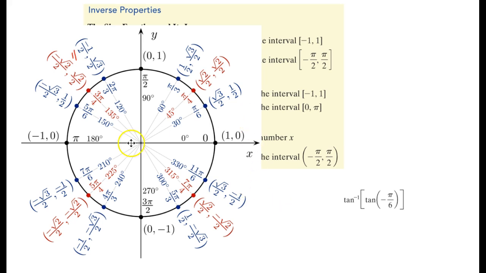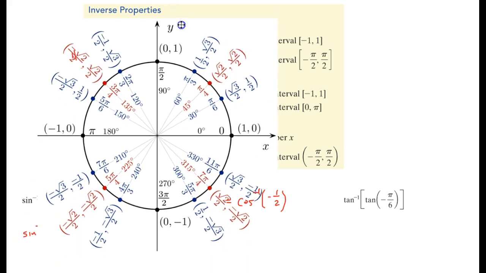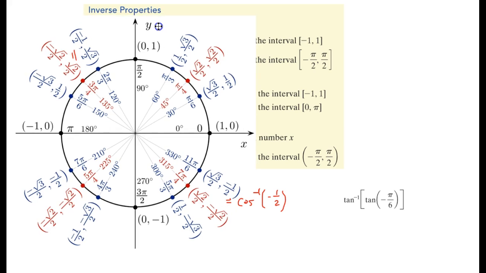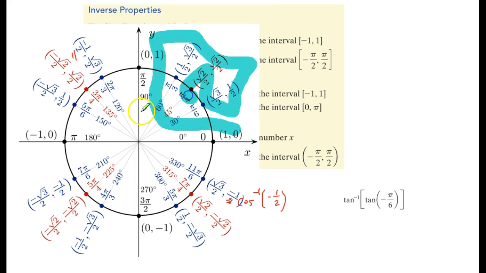So we start off with the arc cosine of negative a half, and then you ask yourself, where within 0 to pi is the arc cosine equal to negative a half? So we can see within quadrants 1 and 2, because this is cosine now, that's where arc cosine is defined.